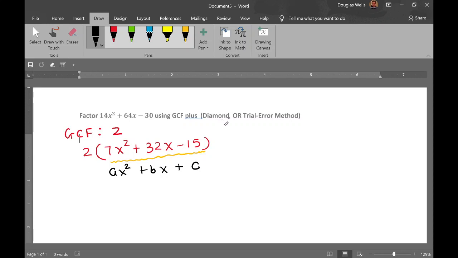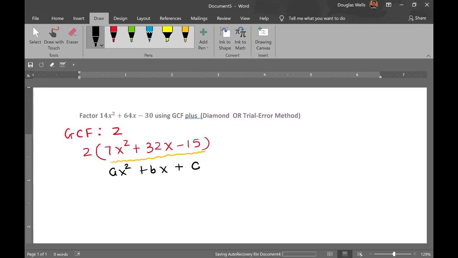Then I can follow my diamond method, where I multiply a times c and make the diamond and use grouping because our a is other than 1. I have done that method in my previous video, so please check it out. Now I wanted to show you the trial and error method.